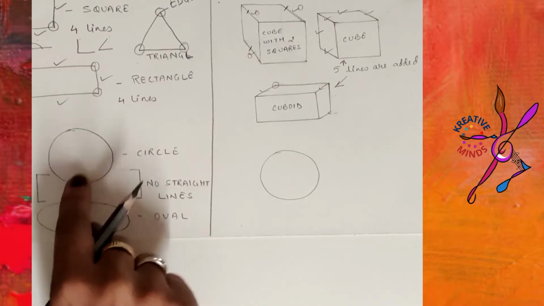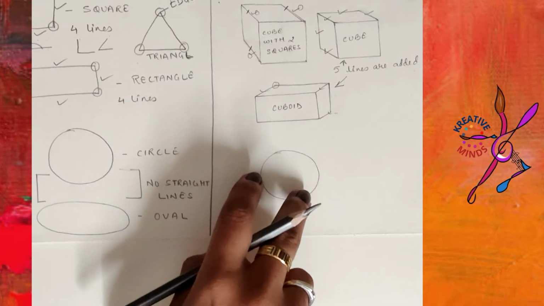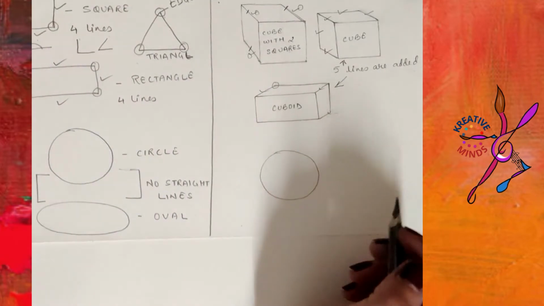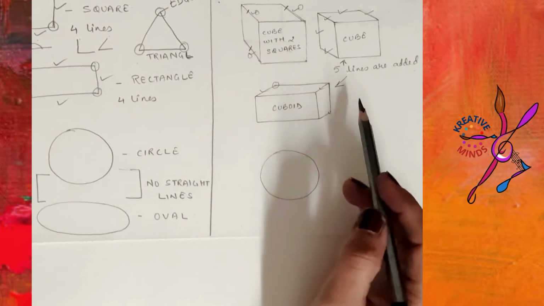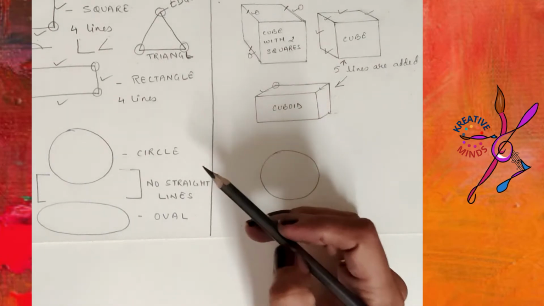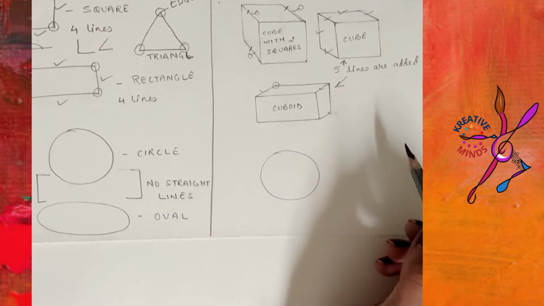Now tell me, how do I bring the difference between the two circles? There's no difference. See, in a square we added lines, it became a cube. A rectangle we added lines, it became a cuboid.